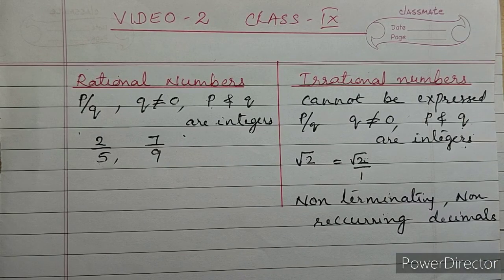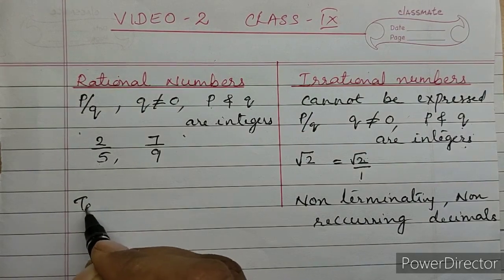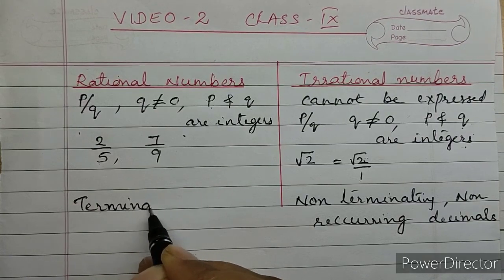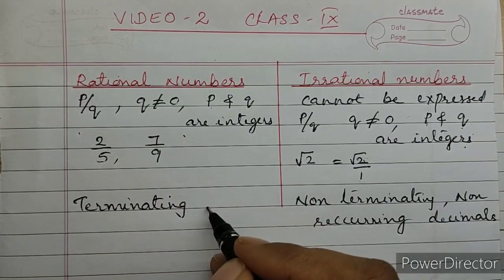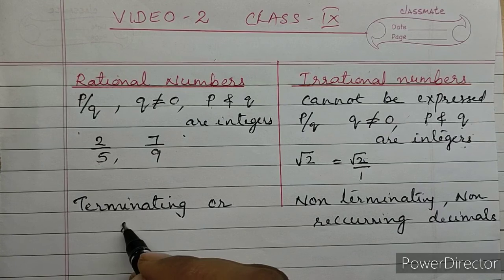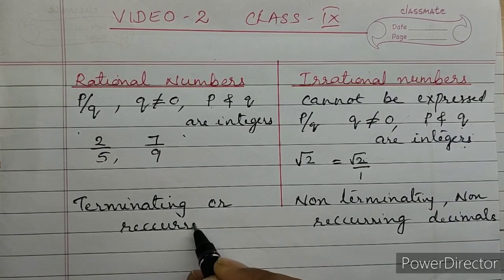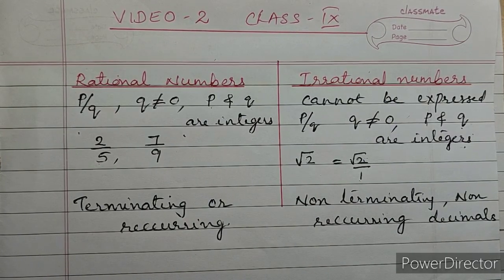Non-terminating, non-recurring decimals are called irrational numbers. Same thing here when it comes, it is terminating or recurring. So rational numbers are terminating or recurring, irrational numbers are non-terminating, non-recurring decimals.